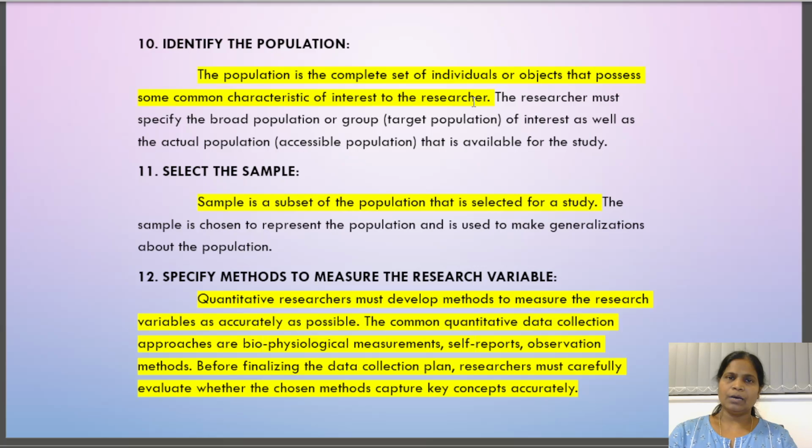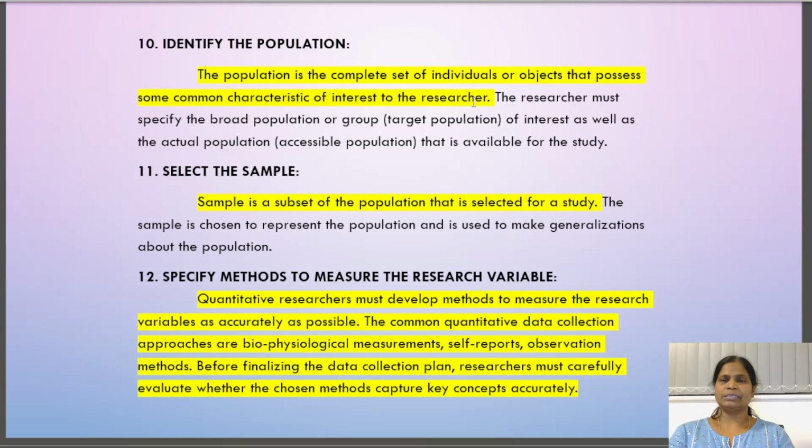It is a population. But if we are selecting adolescents in a particular area with a setting, then it might become a sample. So population is a broader term: the targeted population, and we have an accessible population who are available during the study period.